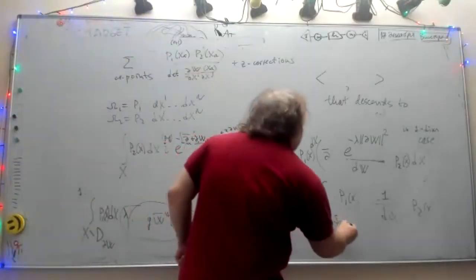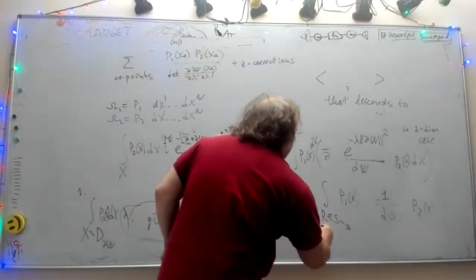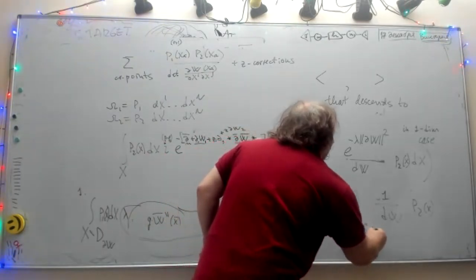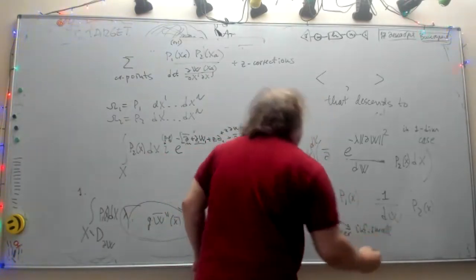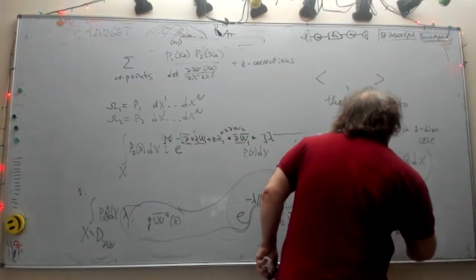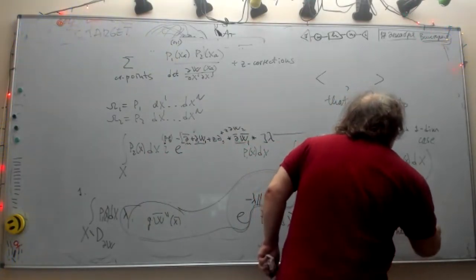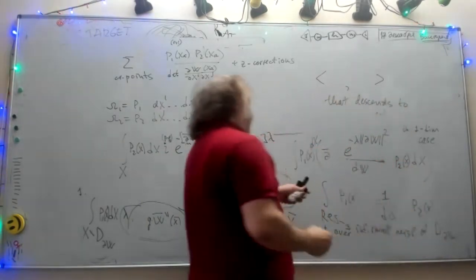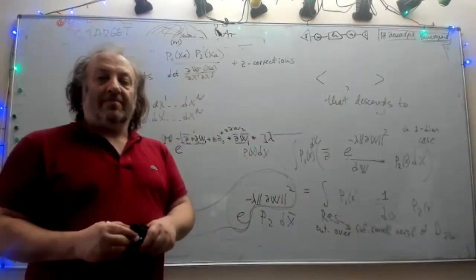So residue means that I integrate over an infinitesimally small neighborhood of the divisor of dw. So that's how I get this formula.